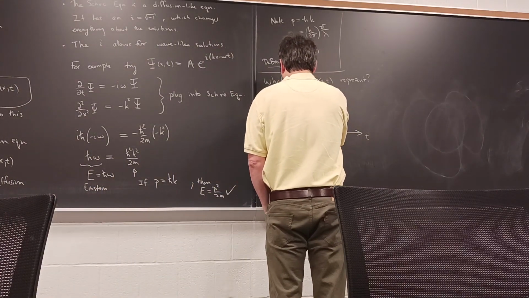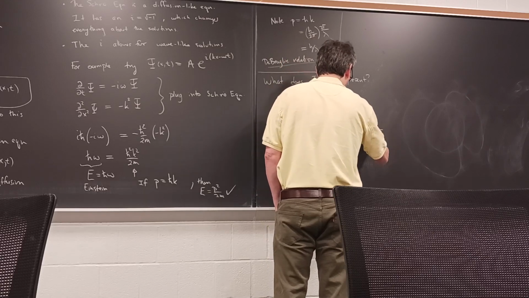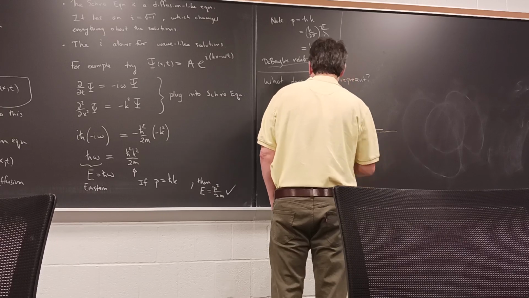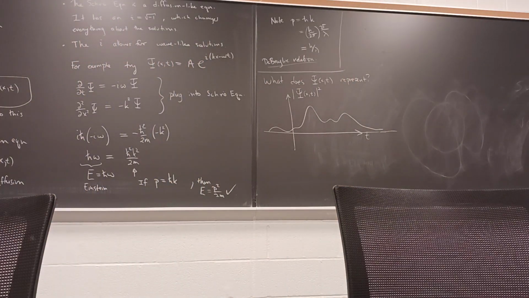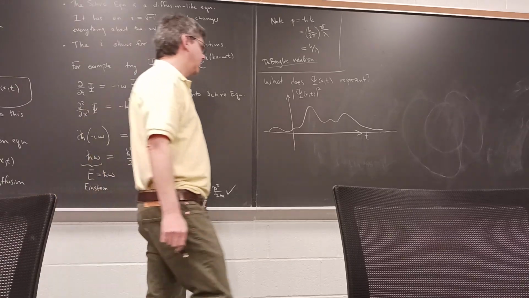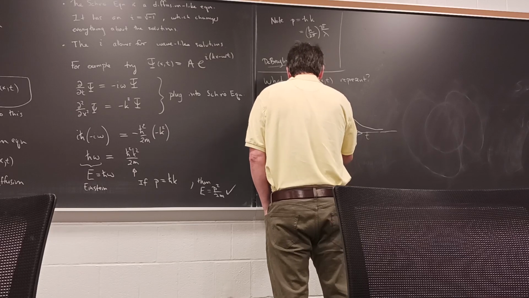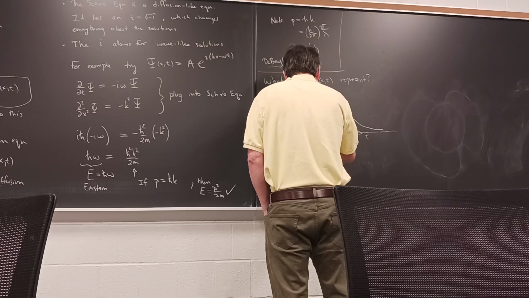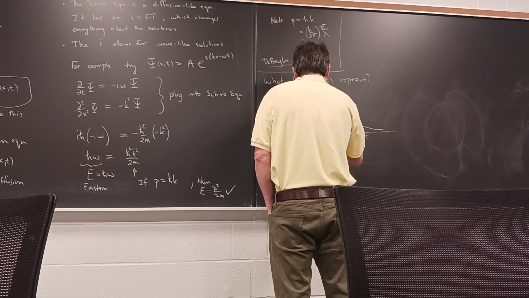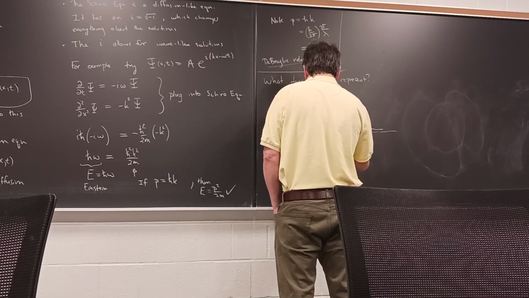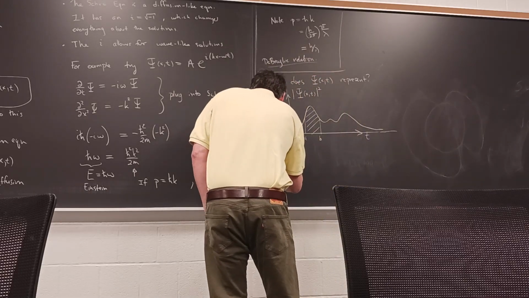And suppose that psi squared looks something like this. Then what psi squared represents is the probability, it's actually a probability density of being between two points. So this is called the Born interpretation.